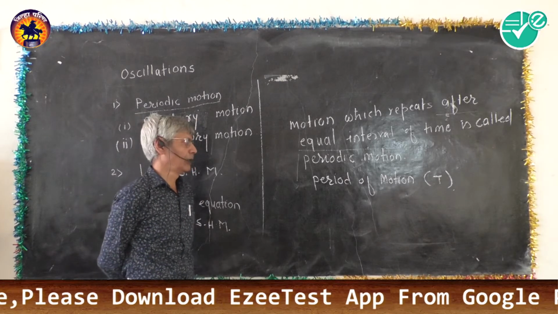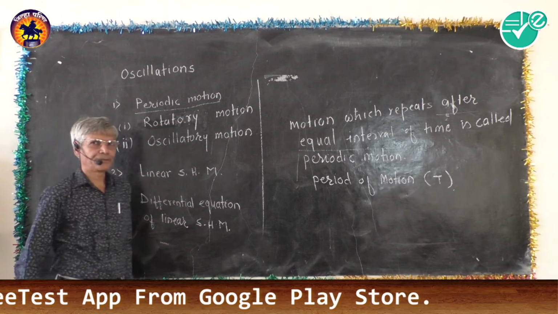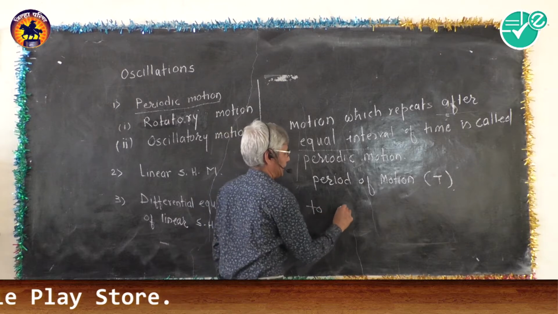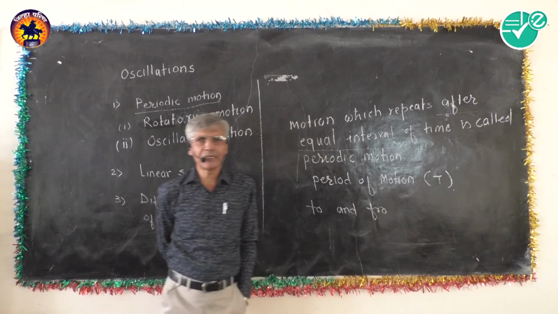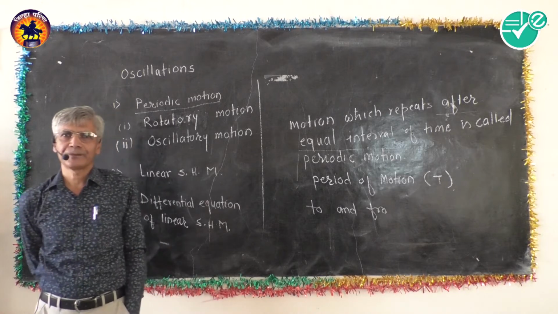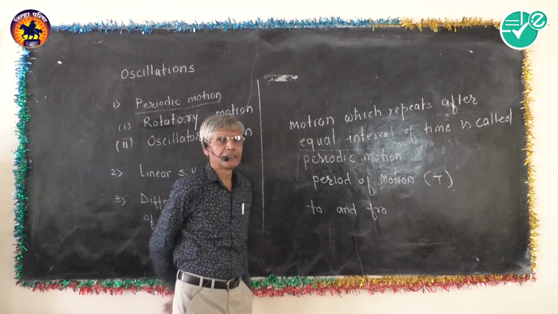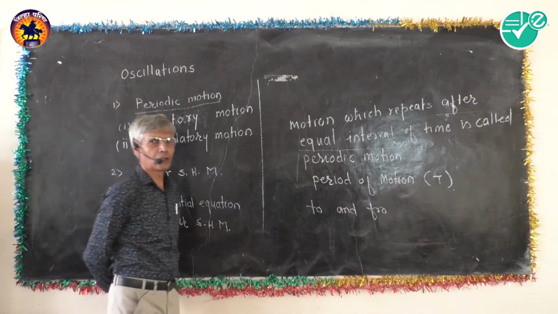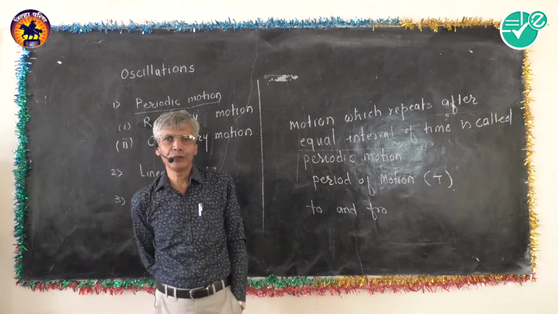The second motion is oscillatory motion. In oscillatory motion, the motion is confined between two fixed points. These two fixed points are called extreme positions, and midpoint of these two fixed positions is called mean position or stable equilibrium position.